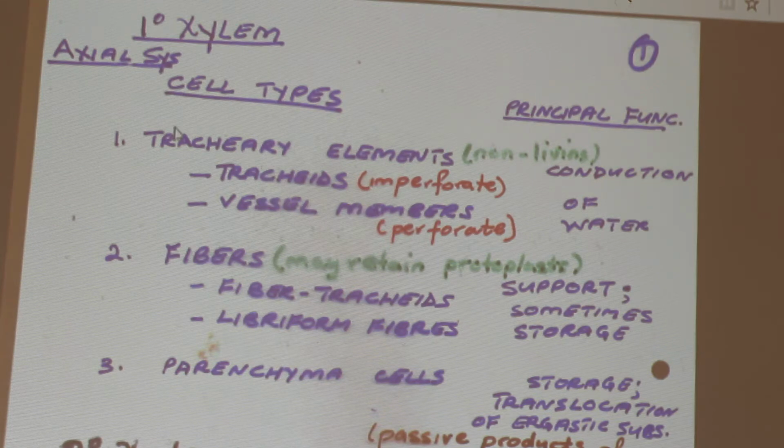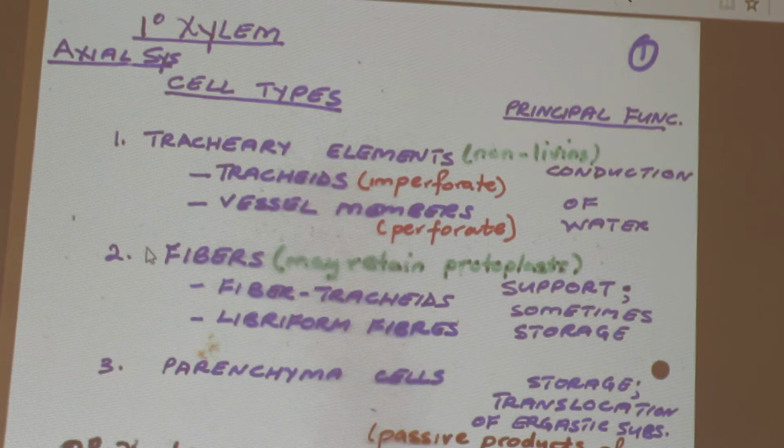So when you talk about tracheary elements, you're talking about the tracheids and the vessel members, both of which are non-living. They are dead. They don't have a nucleus. They have a big hole in the middle. So their main function is to conduct water. We have another group of cells which we call fibers.